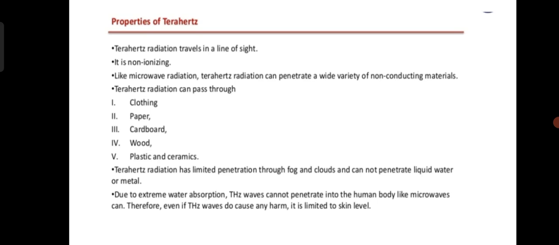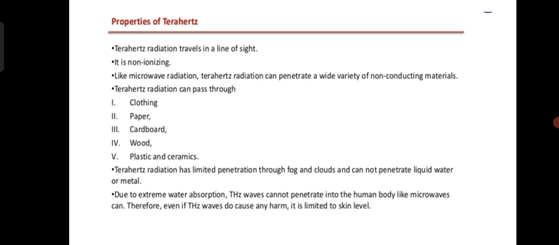Coming to the properties of terahertz, terahertz radiation travels in line of sight. It is also non-ionizing, and like microwave radiation, terahertz radiation can penetrate a wide variety of non-conducting materials. Terahertz radiation can pass through clothing, paper, cardboard, wood, plastic, and ceramic.